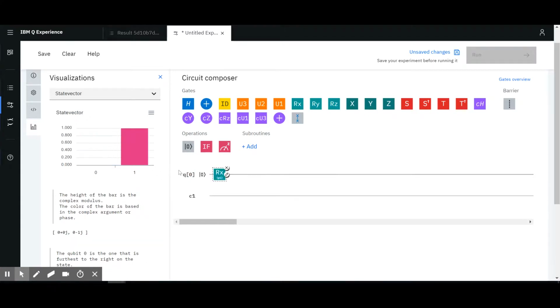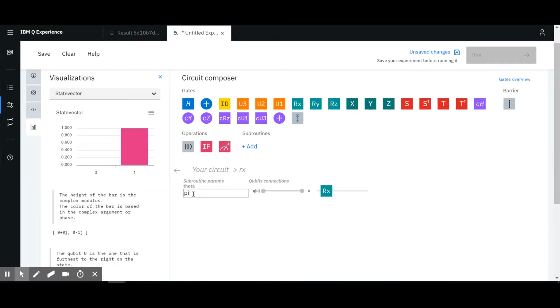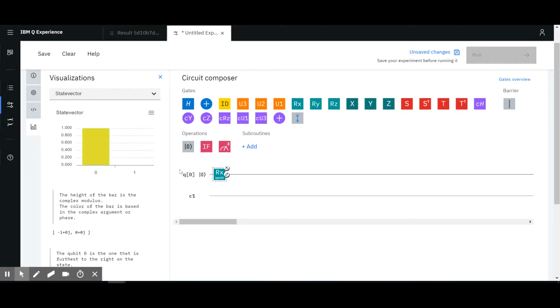So if we just do pi, then it's 1, but flagged. Interesting. Flagged as in like -1. It's an X rotation. Pi. And if I do pi times 2, what? Ooh.